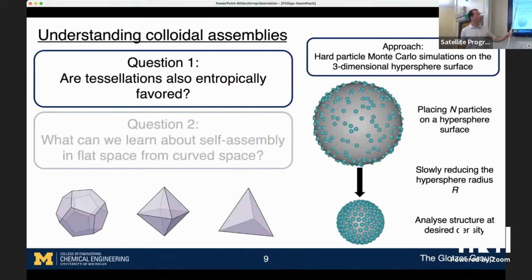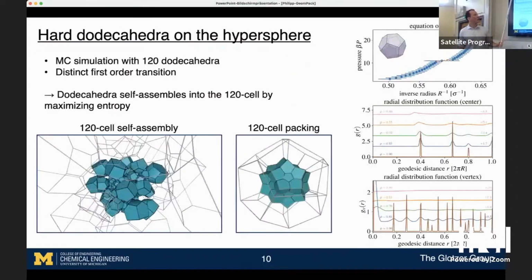So let's start with the first question. What happens? Are they also favorable in curved space? And here I start with the dodecahedra on the hypersphere. To see if the 120, so the perfect tessellation, is also entropically favorable, I put 120 dodecahedra on the hypersphere.